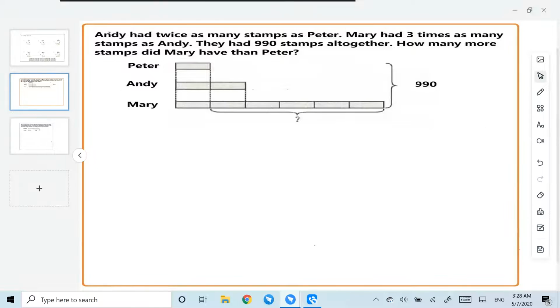Okay, the information is that the 3 of them had all of the stamps together. Added together is 990. Peter has 1 portion, 1 unit. Andy had twice as many as Peter. Then Mary had 3 times as many as Andy.